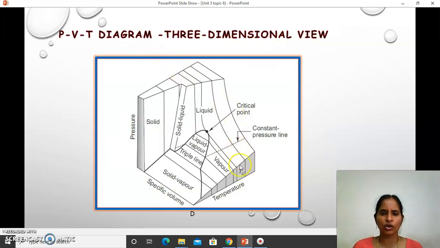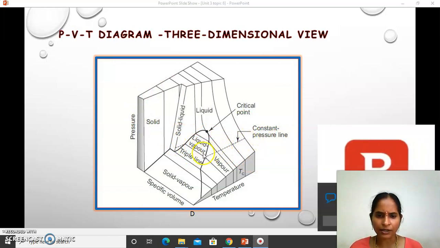And this is another view which shows clearly the constant pressure line, which shows the solid liquid state here, liquid vapor, solid liquid here in this region.